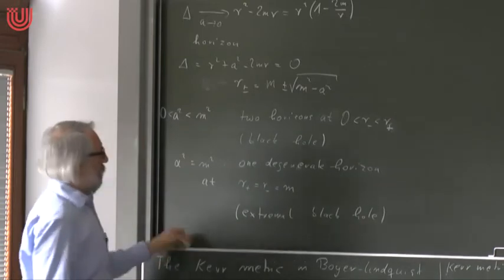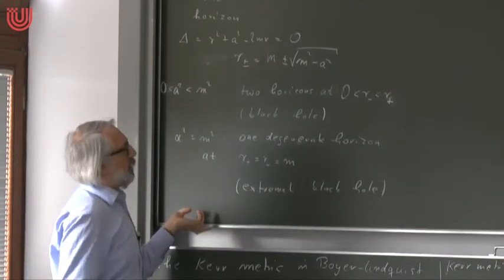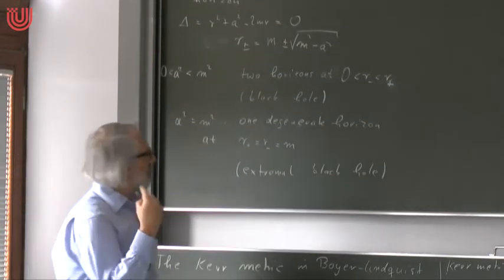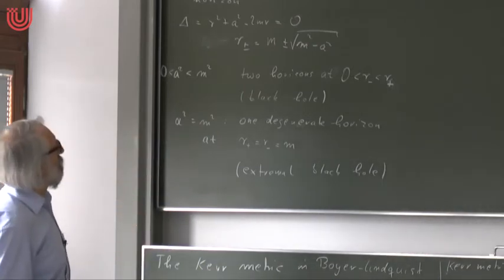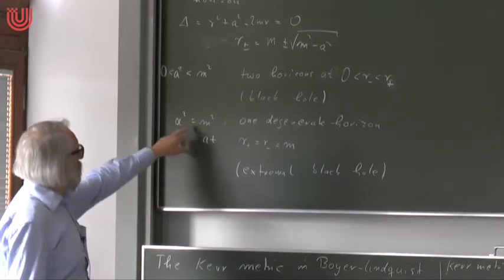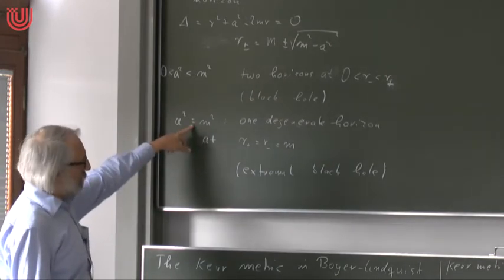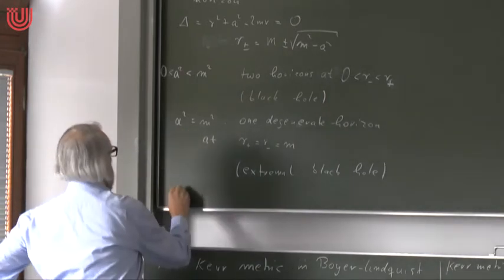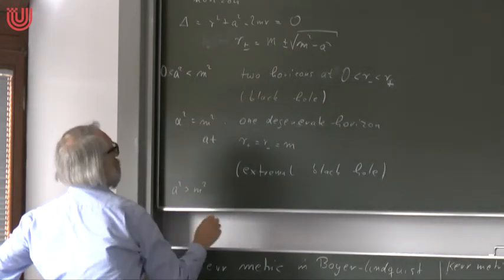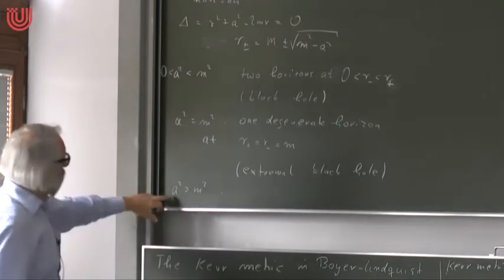So if we crank up the spin of the object, then in the beginning we have a black hole, and if the spin reaches some particular value, namely this value, then the two horizons come together. For a squared bigger than m squared, where a can be positive or negative, right?